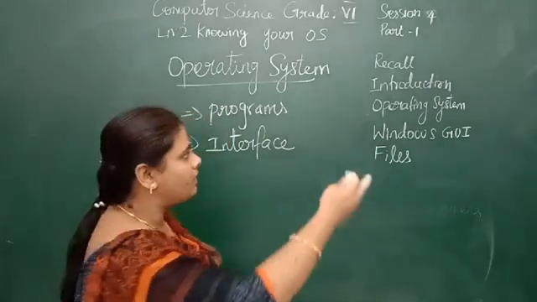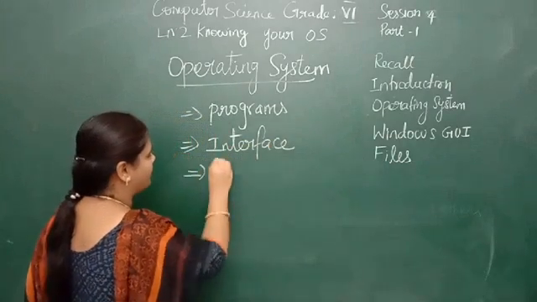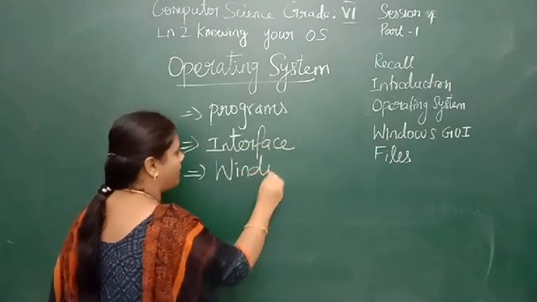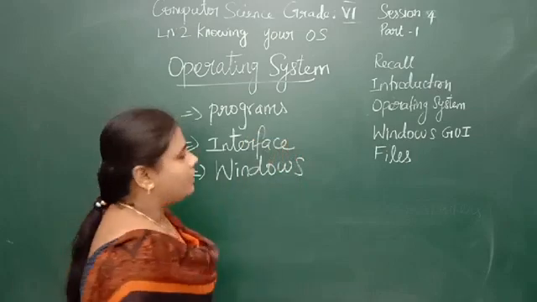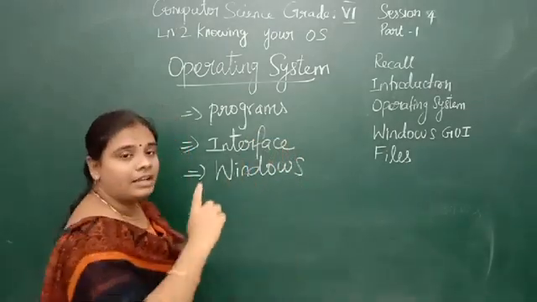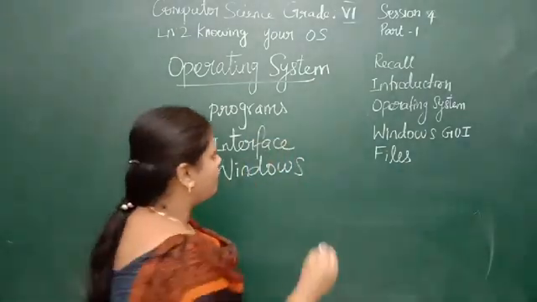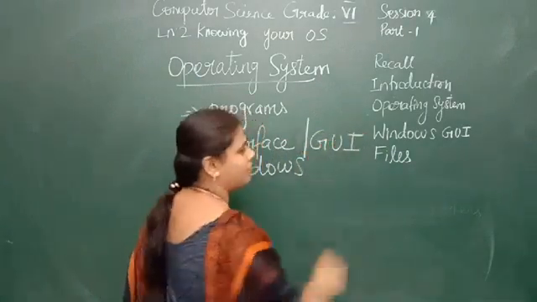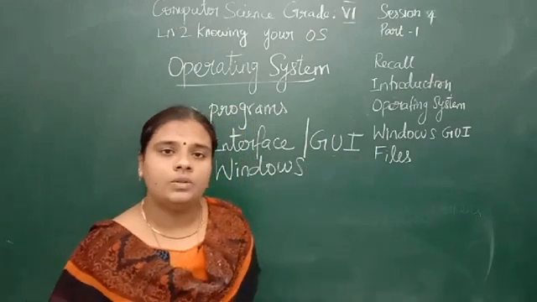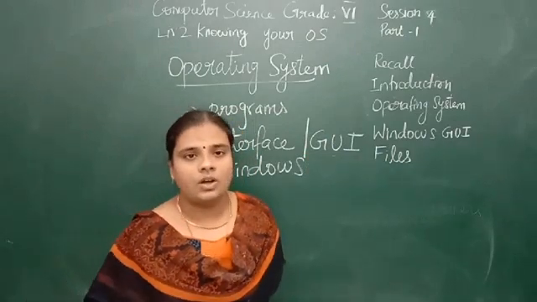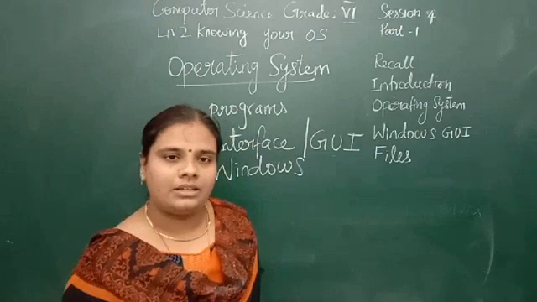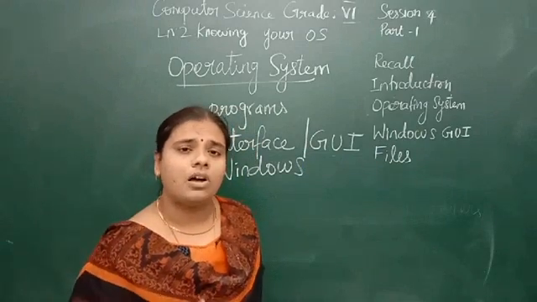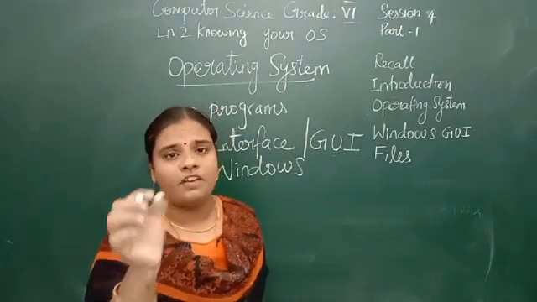Multitasking, so this Windows GUI is called a multitasking operating system. Okay, so I said interface, it connects two terminals. What is the word GUI? GUI is nothing but graphical user interface. This graphical user interface represents all the options in the form of pictures.